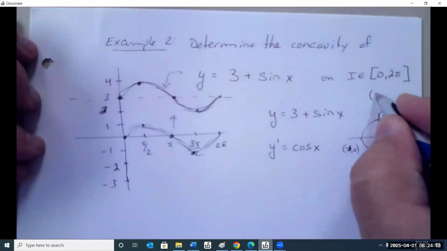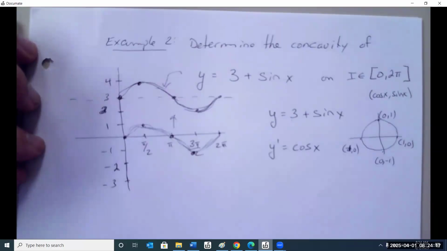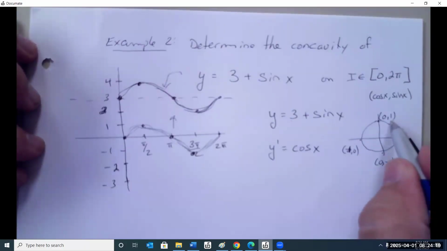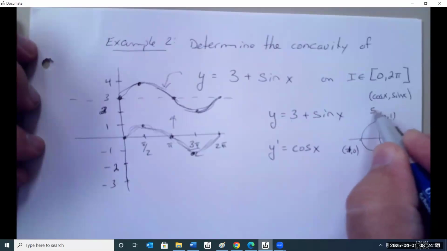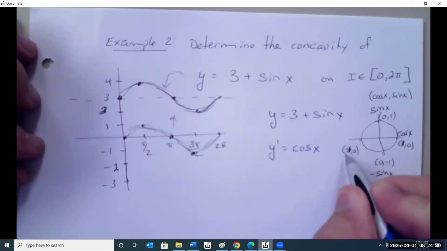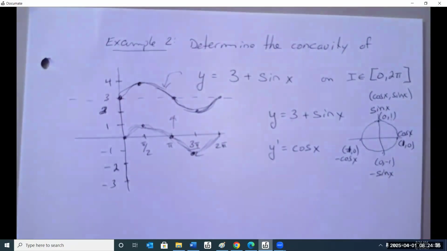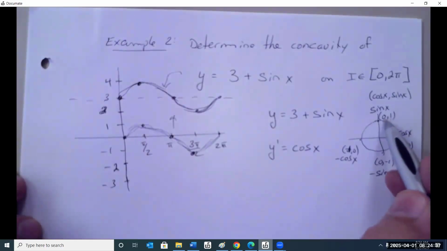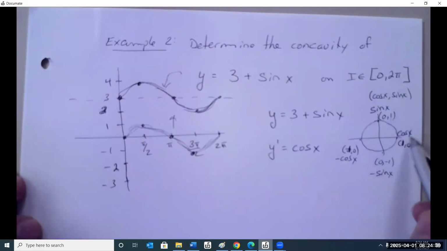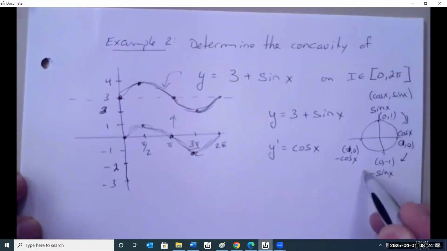Every point is made up of a cosine and a sine. Since this is the y value, it's sine x. This is the one on the x, cosine. This is negative sine. This is negative cosine. Because the rest are 0. The x is 0, so there's no cosine. The y is 0, no sine. So that's the direction the derivatives go.